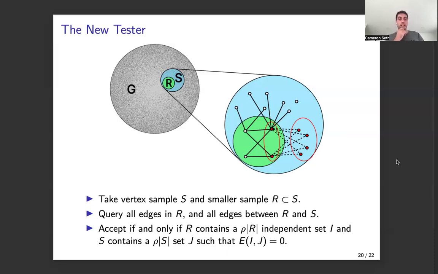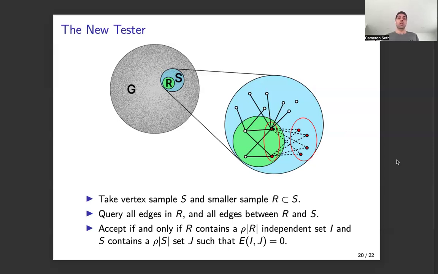So why does this tester make sense? Well, again, if the graph did have a large independent set, then both our R sample and the S sample should find relatively large fractions of this independent set.